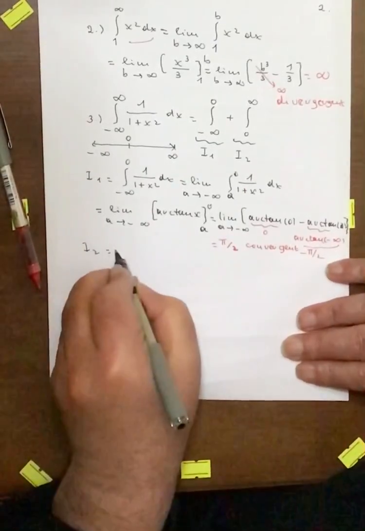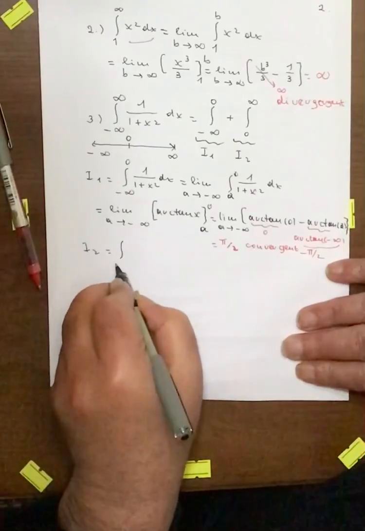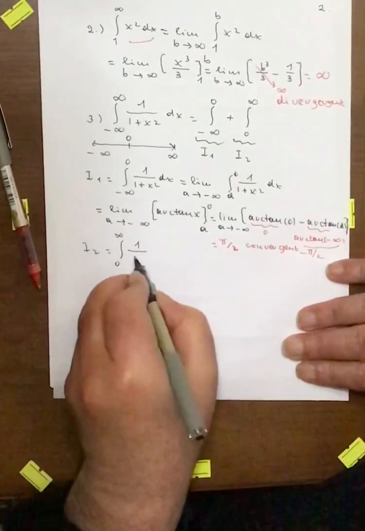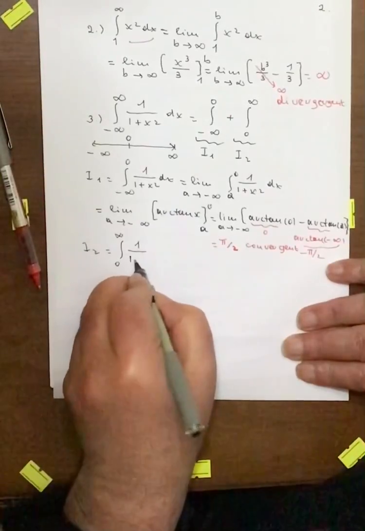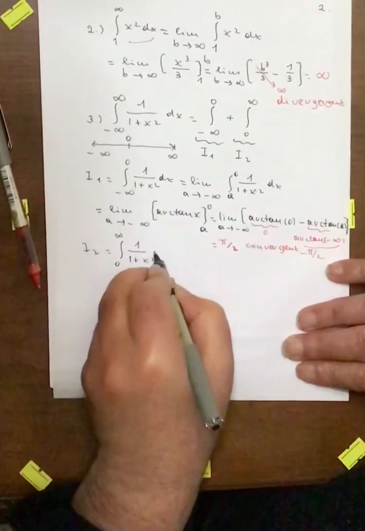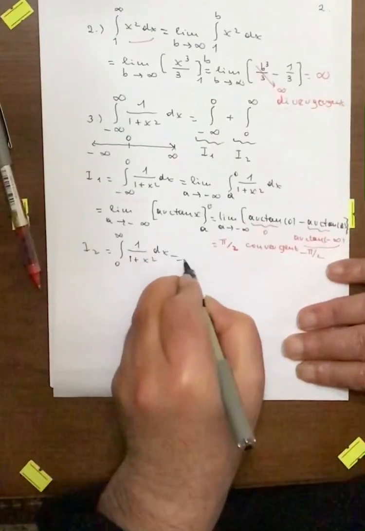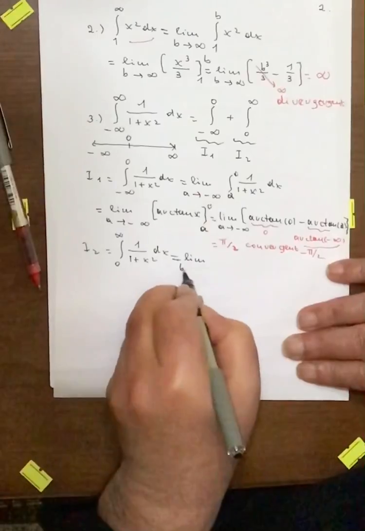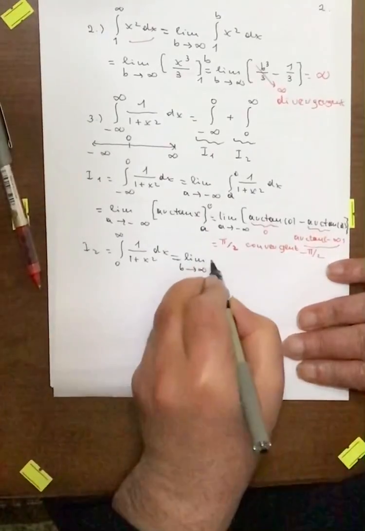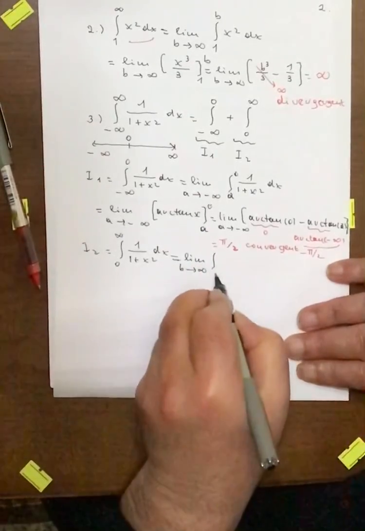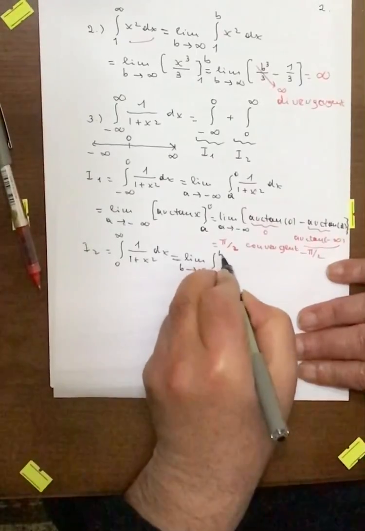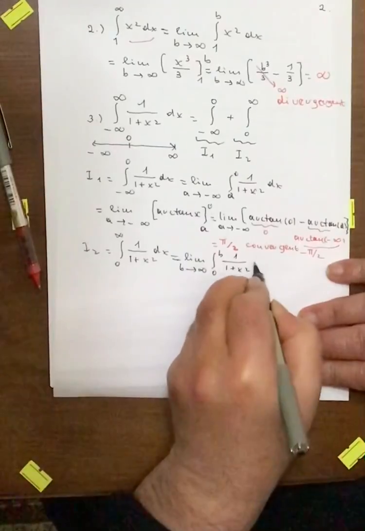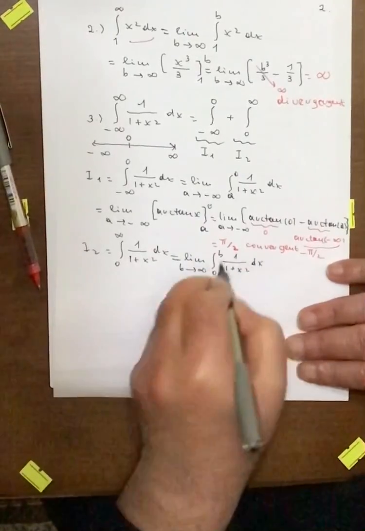Now let's look at the second part, I2: the integral from 0 to infinity of 1 over 1 plus x square dx. It is the limit as b tends to infinity of the integral from 0 to b of 1 over 1 plus x square dx.